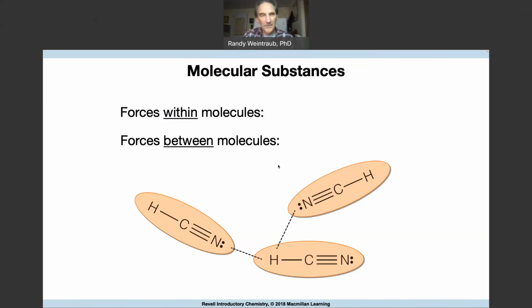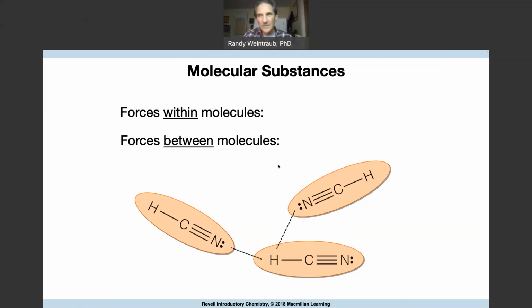Molecular substances, on the other hand, are discrete particles. Recall that these are held together with covalent bonds, not ionic bonds. Covalent bonds are the forces of attraction within a molecule. They are very strong, but the forces between the individual molecules are also important, and these are called the intermolecular forces.